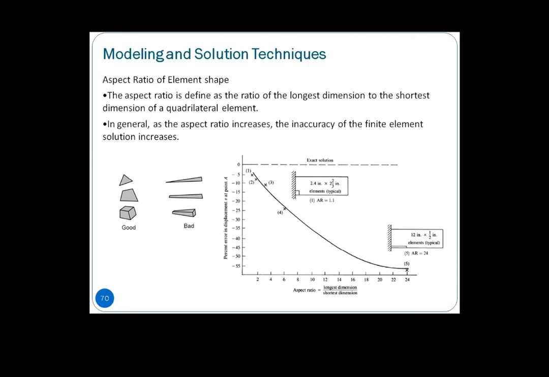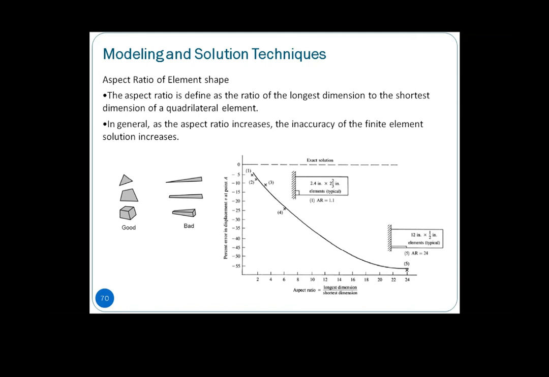So meshing, or your element itself, is one of the considerations that helps us get as close as possible to the actual solution, the actual problem. The aspect ratio of the elements is one of the considerations that you have to take note of.